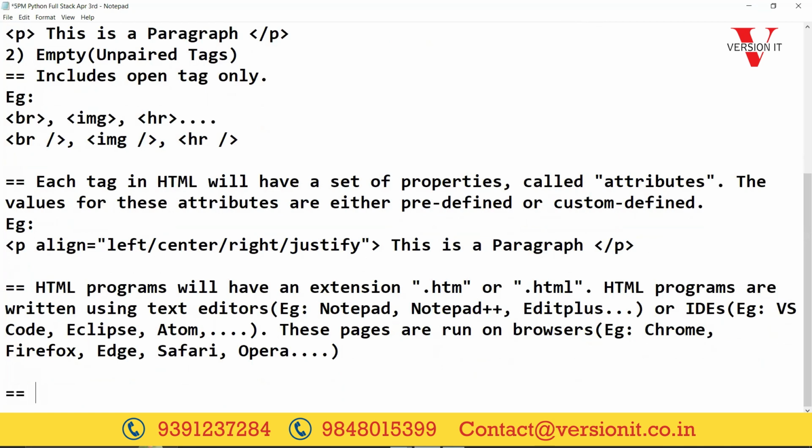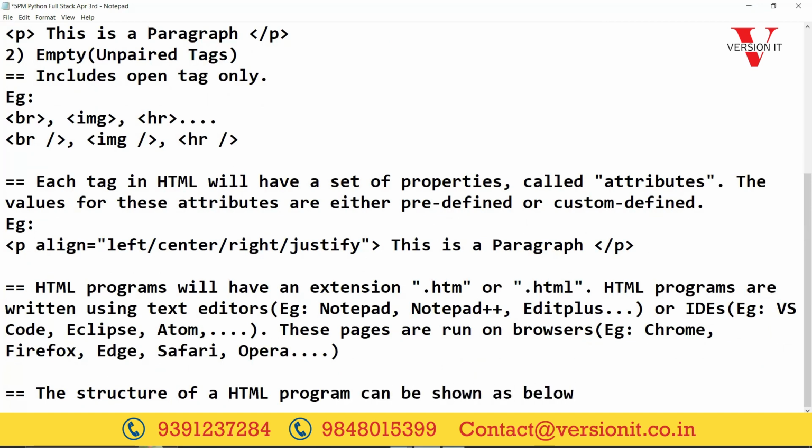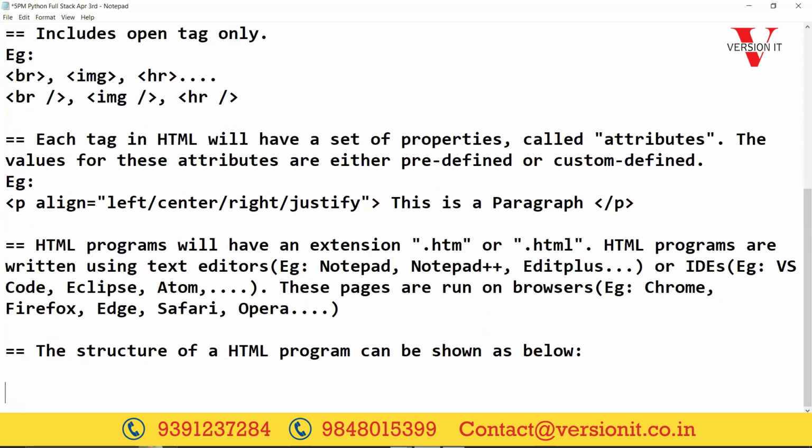Then how to write programs in HTML? Let's see. The structure of an HTML program can be shown as below. I'll write here the skeleton structure of an HTML page.